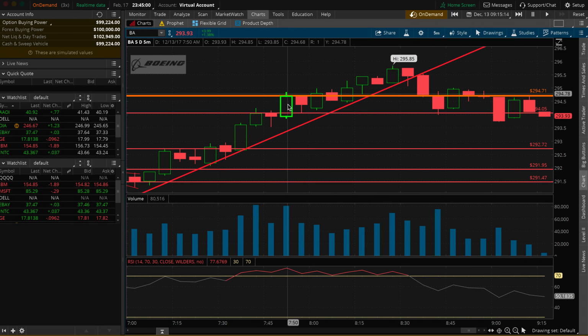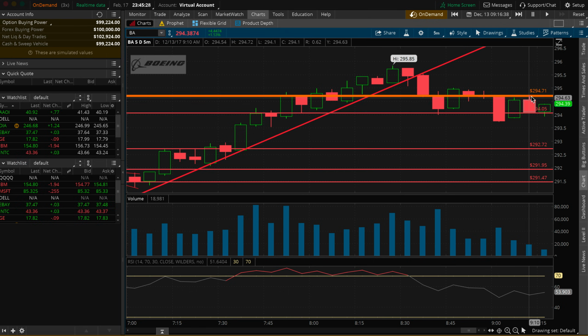So as you see, it was resistance, resistance, resistance, resistance, resistance. Now it broke through. Support. Support, resistance, resistance, support, support, resistance, resistance, resistance. Let's see if it continues or if it falls.